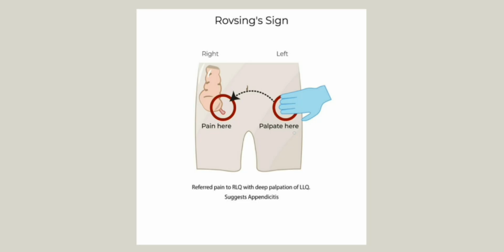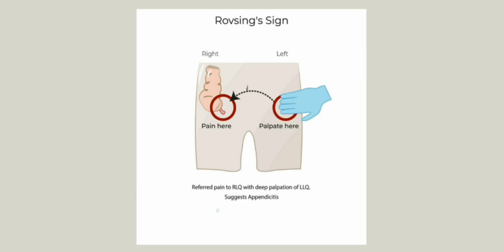Also, the psoas sign, though not shown here, extension of the hip will result in right iliac fossa pain. The obturator sign, internal rotation of the hip, will result in right iliac fossa pain. Pointing sign just means the patient points to the site of maximum pain, which is the right iliac fossa.